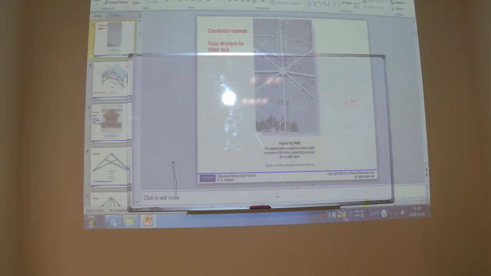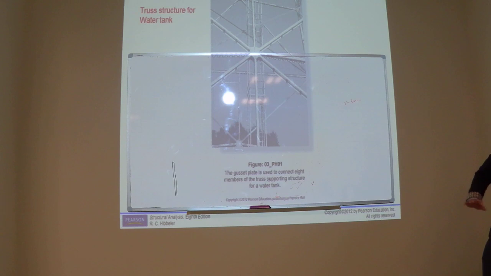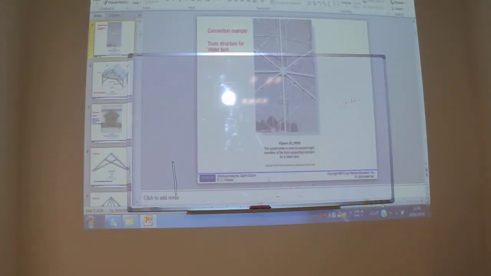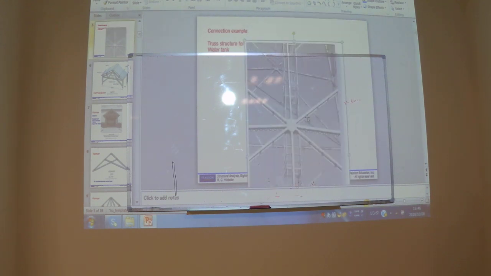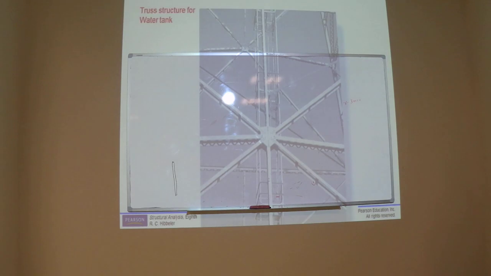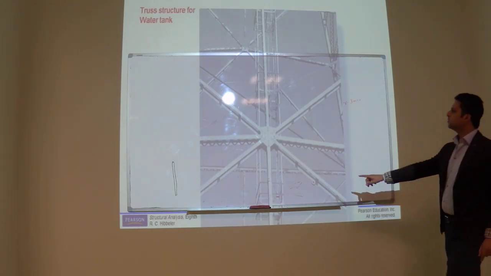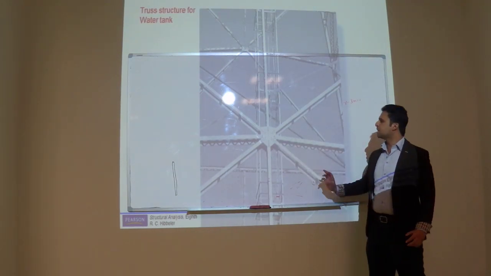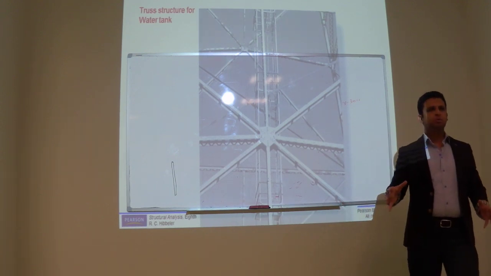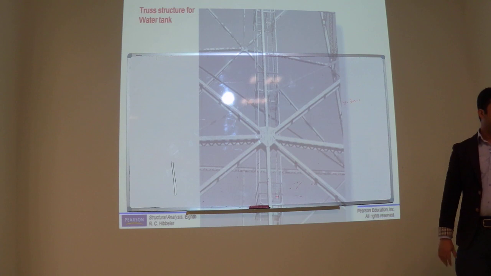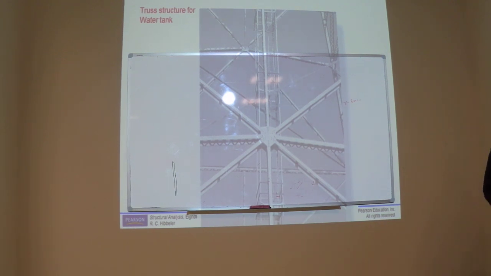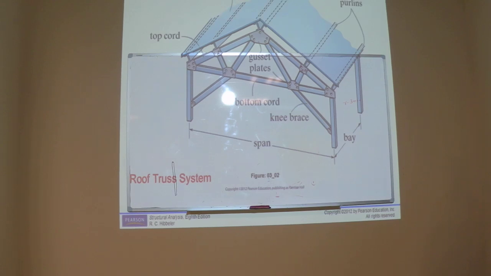If you see here, this type of connection is basically known as a gusset plate connection. Can you see this connection? Members are going from all sides, and then you provide one plate, and that plate connects all the members. We can provide bolts, and we can also provide welds.